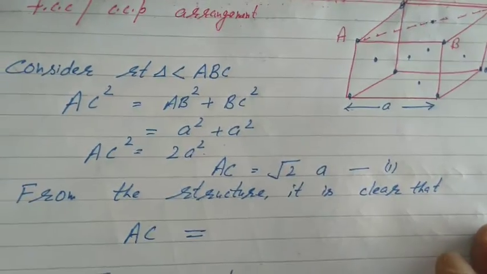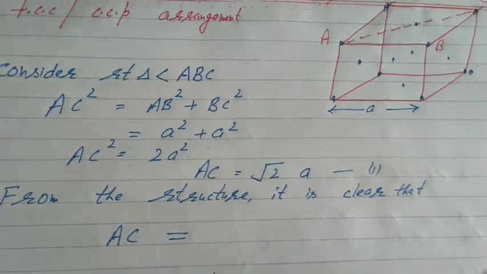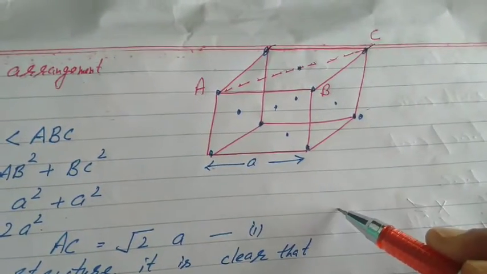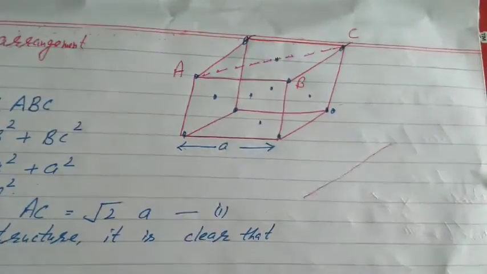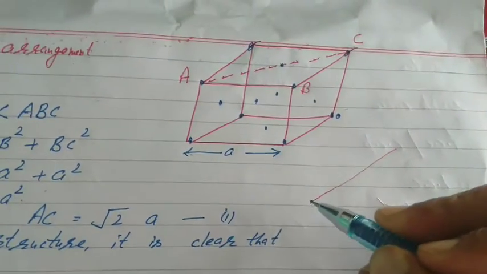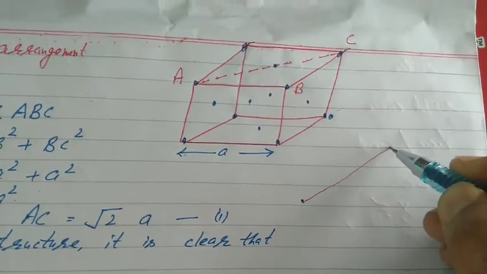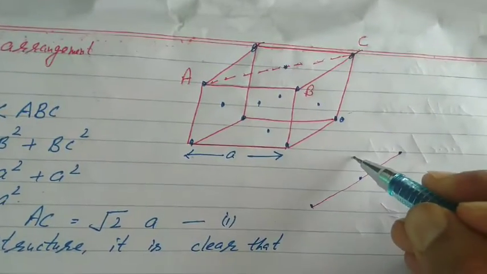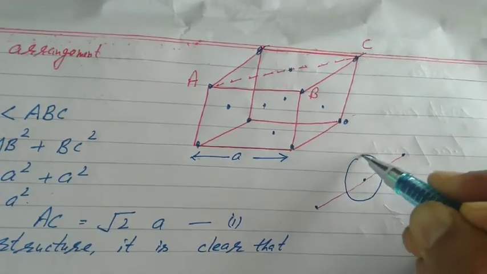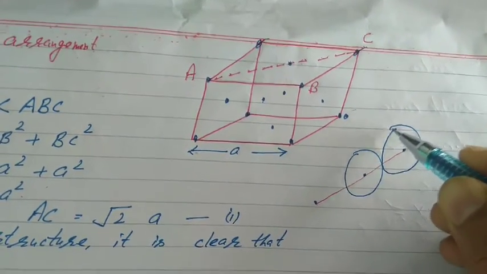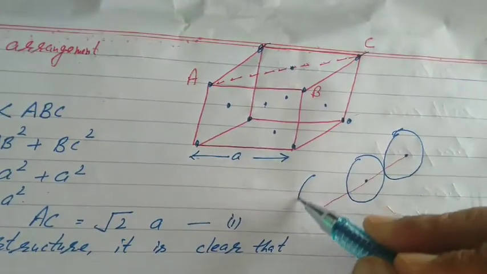Students, from the structure it is clear that AC is the face diagonal. How many spheres are there? 3. Two at terminal positions, 1 at center of face. It contains 3 spheres: 1, 2 and 3.